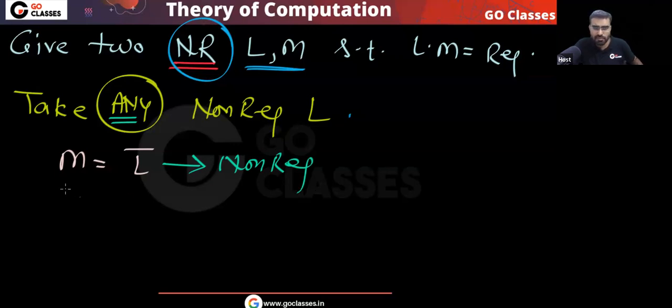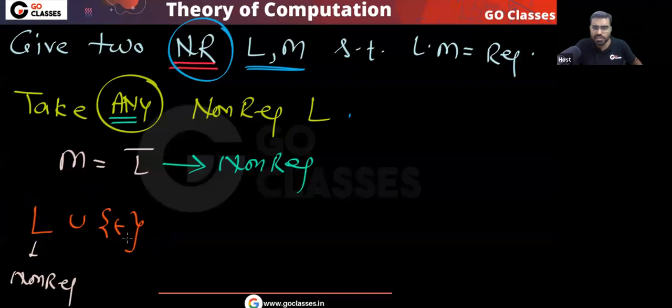Now you tell me one thing, a simple point I'm asking. This L is non-regular. If I add just the empty string, only one string I am adding, will it remain non-regular? Yes or no?